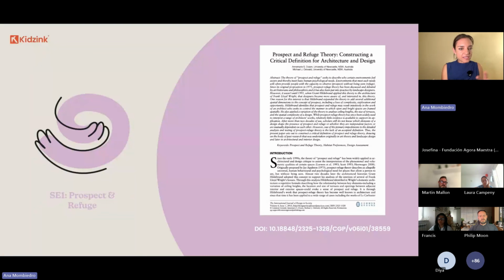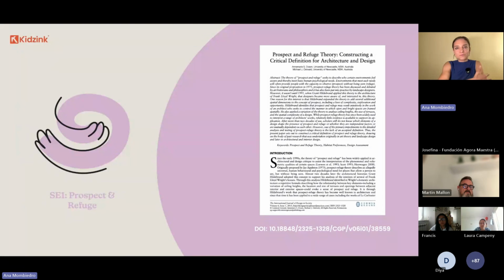We're reaching our end with the social-emotional quality factors. I've chosen two of my favorite ones because these are the ones we need the most in today's schools. First one is prospect and refuge, which is the need humans have to feel hugged by the space, but at the same time, we need to be able to see far beyond where we are.